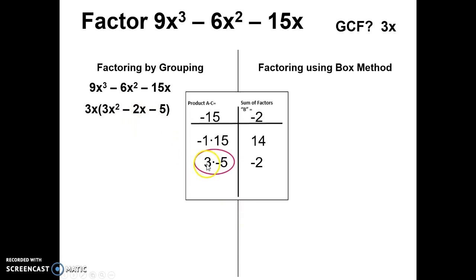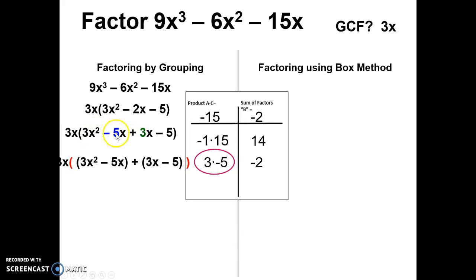Replace negative 2x with 3x minus 5x, or negative 5x plus 3x. We're going to group these two terms here and group these two terms here. The GCF in this group is x. The GCF in this group is 1. Factor those out. I have my common binomial factor.